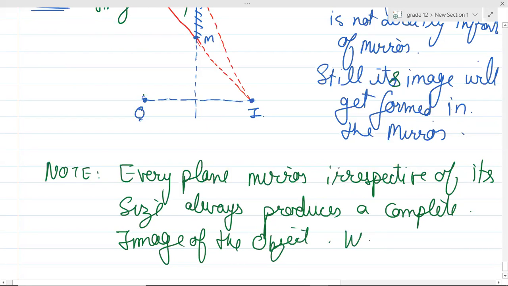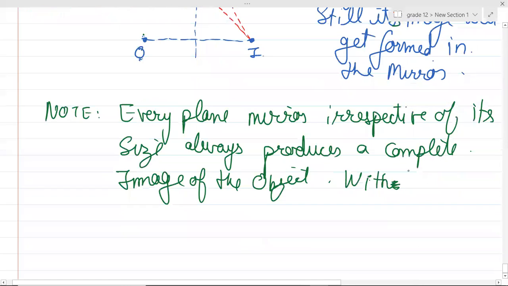Whether you see the image or not depends upon the field of view of that image, right?